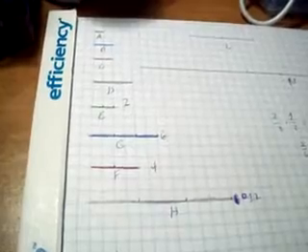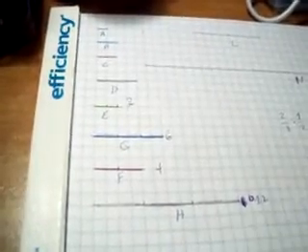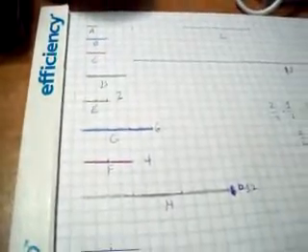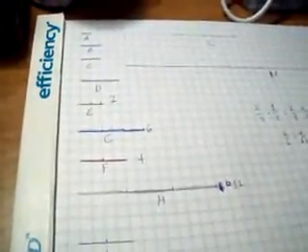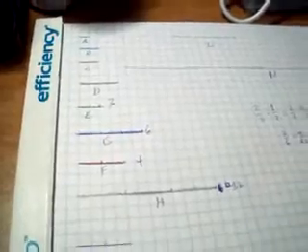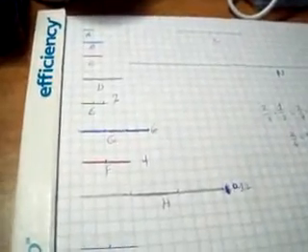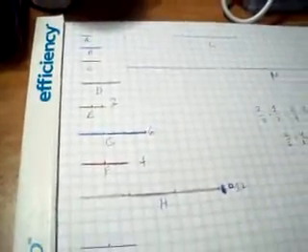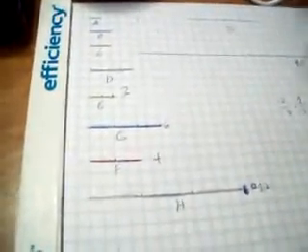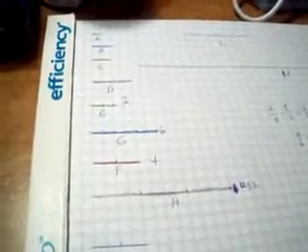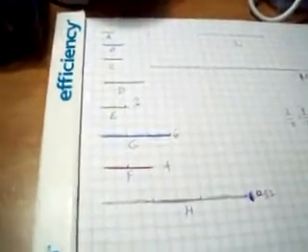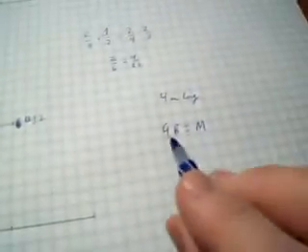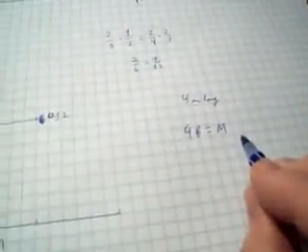There are 3 G's in M, and there are 3 B's in G. So, if there are 3 B's in G and 3 G's in M, then there are going to be 9 B's in 1 M.